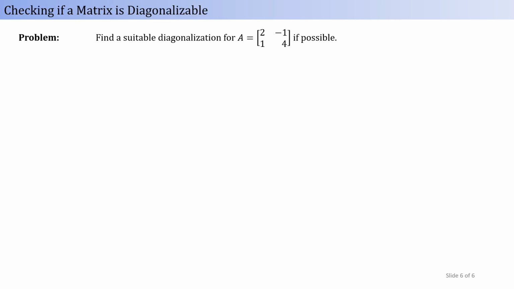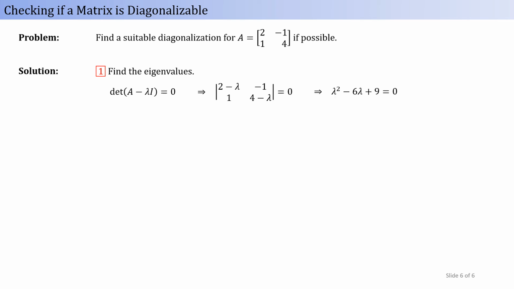Okay, so we said before that sometimes it doesn't work. And so sometimes you definitely want to make sure that it is diagonalizable. So this one is asking, find a suitable diagonalization if possible. So you want to start by finding the eigenvalues. And you remember the characteristic equation, the determinant of A minus lambda I equals 0.